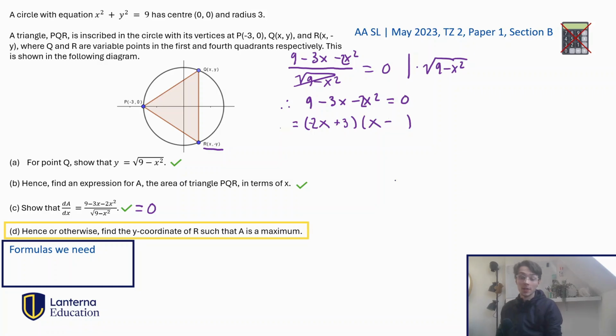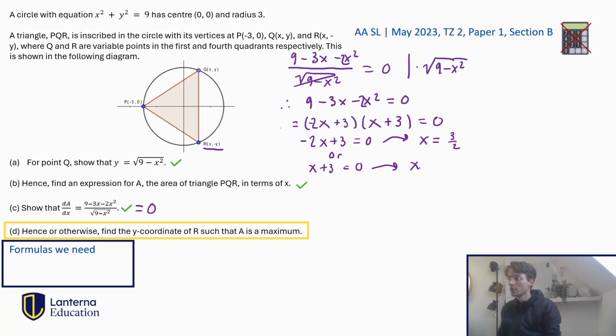Factorizing this, you would get something like this, and then you know by the null factor law, either one has to be equal to 0. So either negative 2x plus 3 equals 0. From that, we deduce that x is 3 over 2, or x plus 3 equals 0, and then from that you would get that x is negative 3. Okay, we got 2 options.